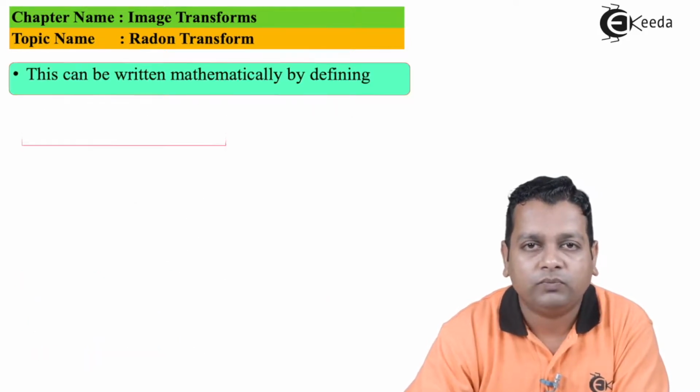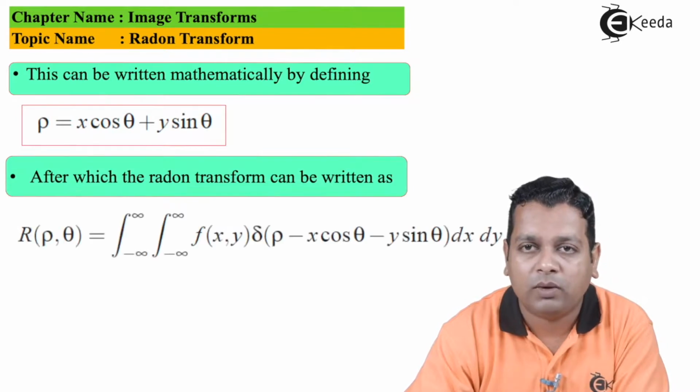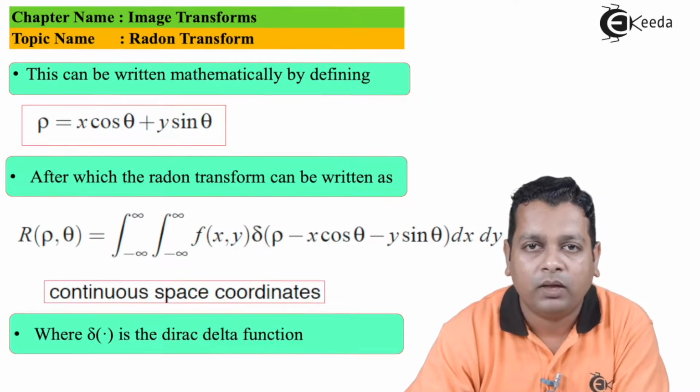Next information, the Radon transform can be mathematically represented by the formula for rho. Just now we have seen it with the help of cosines and sines and these two spatial coordinates. After which the Radon transform R as a function of rho and theta will be shown by this integration: integral from minus infinity to infinity for the two dimensions, having dx and dy as the differentials.